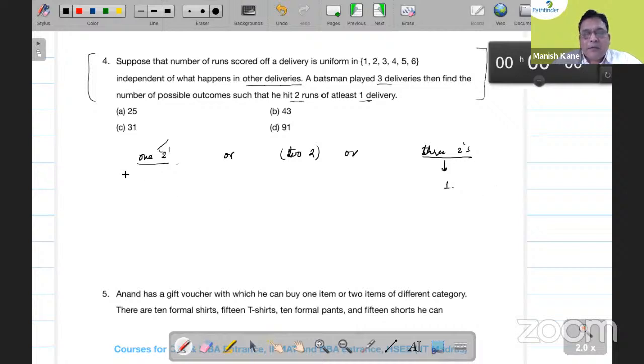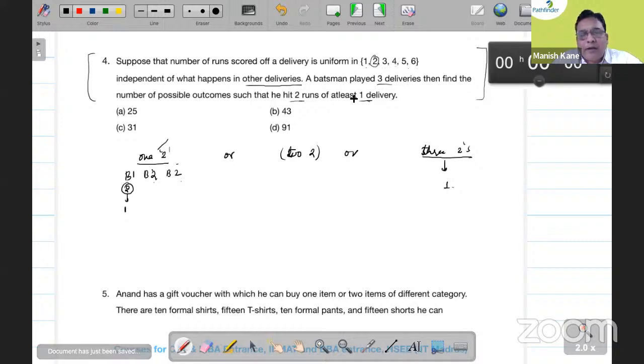But when he hits exactly one 2, he can hit it on the first ball, or on the second ball, or on the third ball. So suppose he hits 2 on the first ball. I get that in one way, because the 2 is fixed for ball 1. But for ball 2 and ball 3, I can get every other number except 2. I can get a 1, a single, I can score 3, 4, 5, or 6.